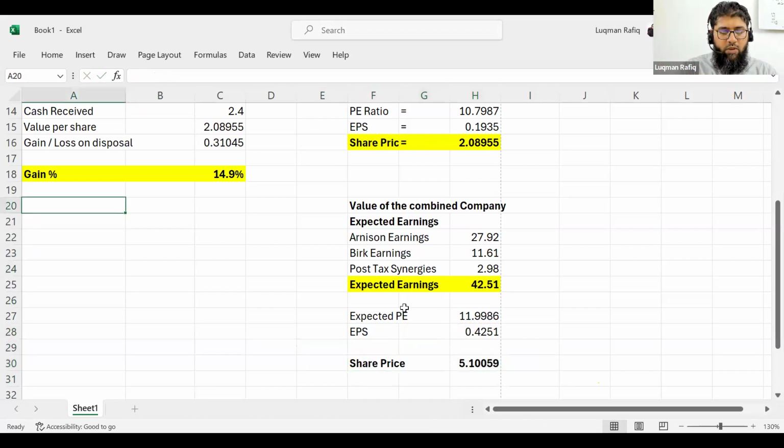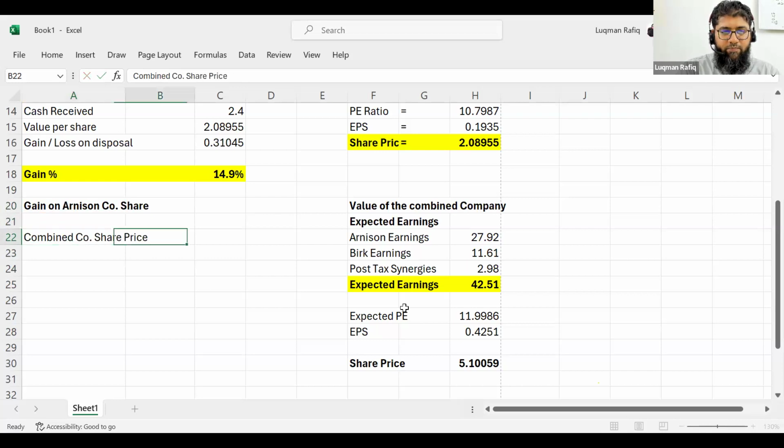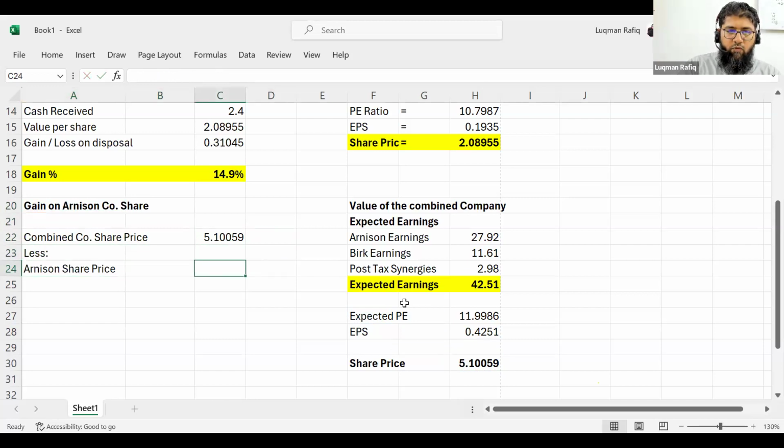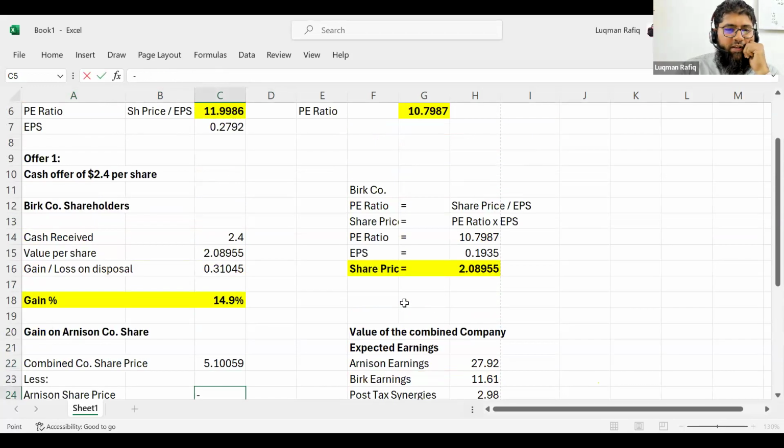Now see, the gain on Arneson company's shares. How do we calculate the gain on Arneson company share? We would calculate it like this. Combined company share price will be this, less Arneson share price. What is the current share price of Arneson?